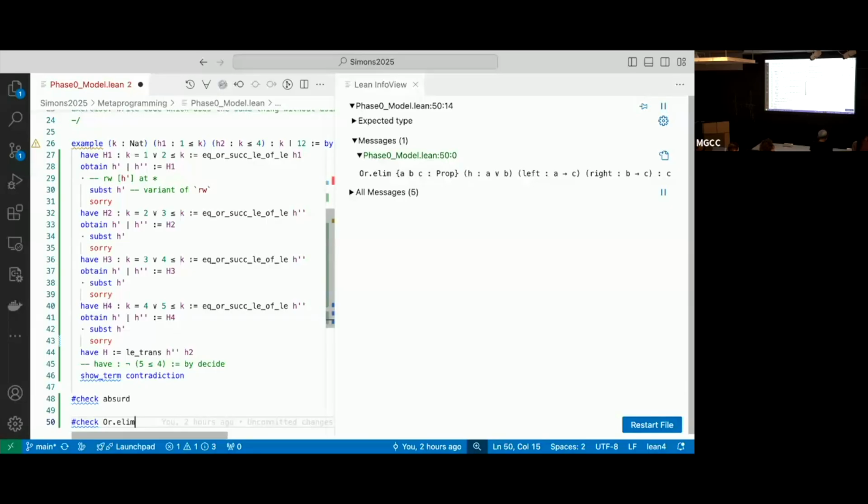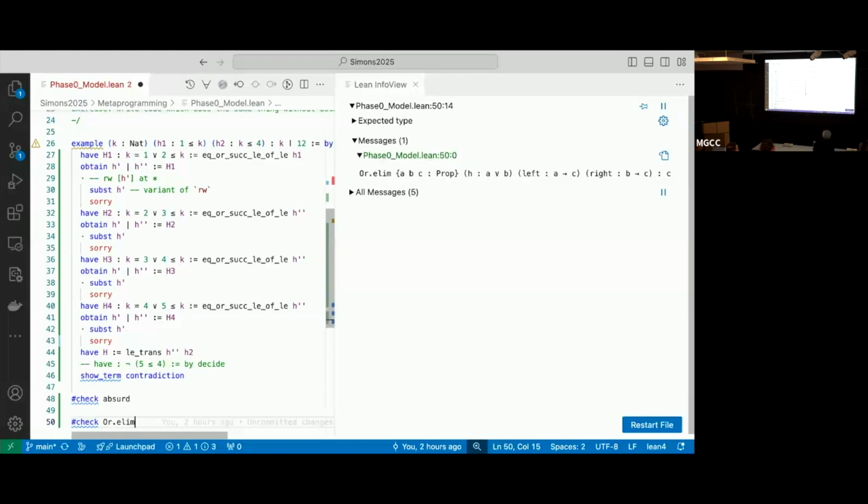So working on this piece here, given that k at least 5 implies k divides 12, actually led us into this whole branch of the proof term, which is now revealed as actually only one branch of the bigger proof term, which we started constructing here at the obtain line.